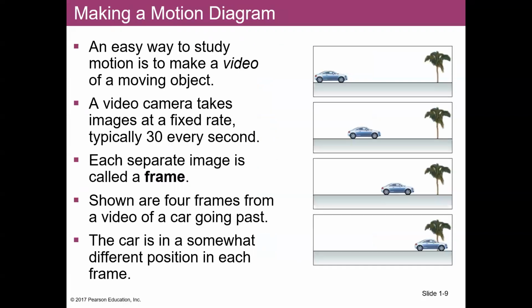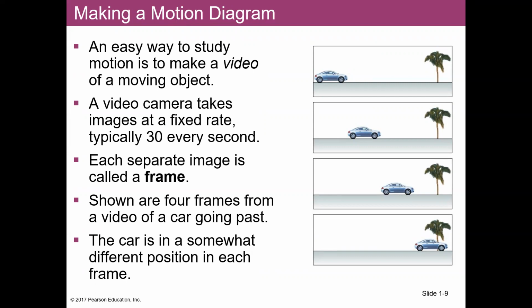And we start with the idea of making a recording. We can all probably do this on our smartphones. There's probably an app out there where we can make a recording of an object moving by, and the recording will overlay all the images on top of one another.